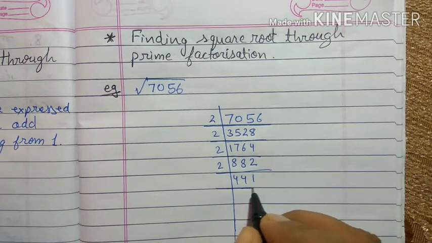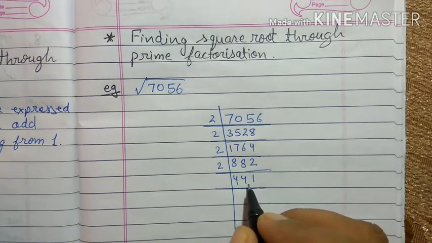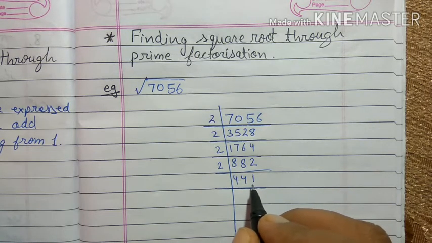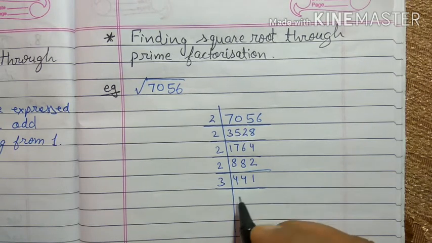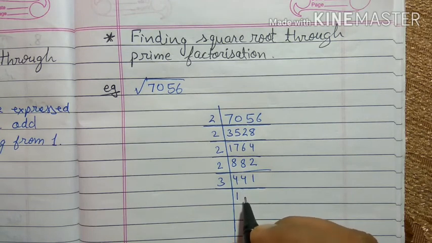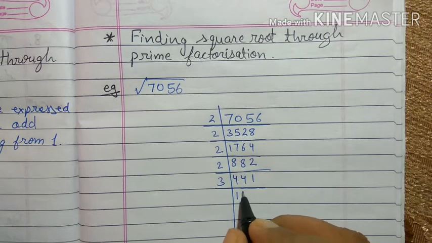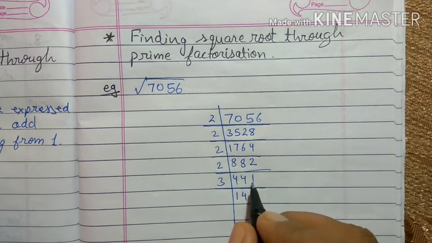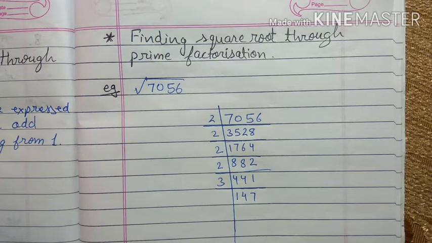Now it is not an even number, so we'll check by 3. 4 plus 4 is 8, 8 plus 1 is 9, and 9 is divisible by 3, so this number is divisible by 3. Divide by 3. 3 1s are 3. It becomes 14, and 3 4s are 12. 2 is left, it becomes 21. 3 7s are 21.